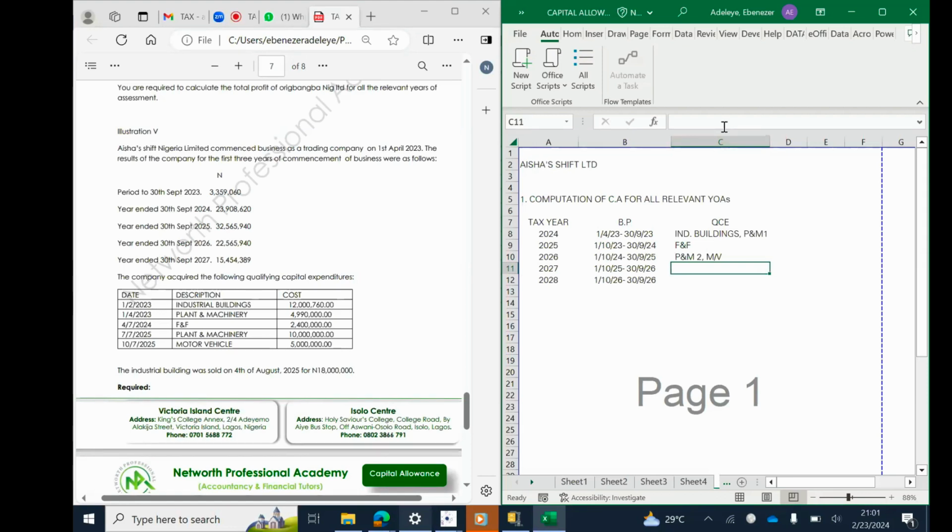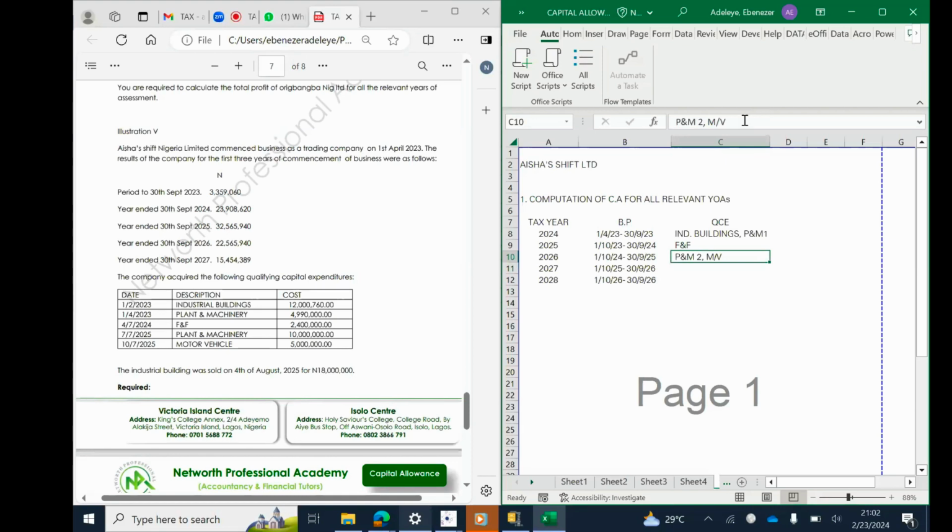Okay. Another thing that we're going to have, if you check the question, they said the industrial building was sold on 4th of August 2025 for 18 million naira. So another thing we have to include in our allocation schedule is when there was a sale. So when was the sale? Industrial building disposal, 4th of August. When is 4th of August in this same year?